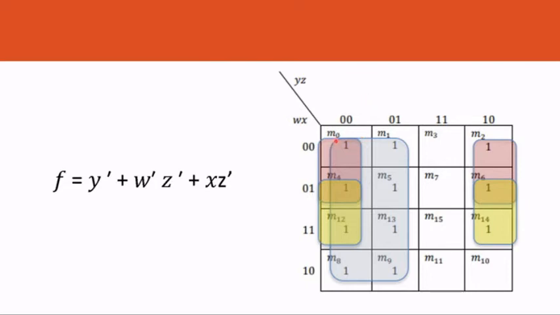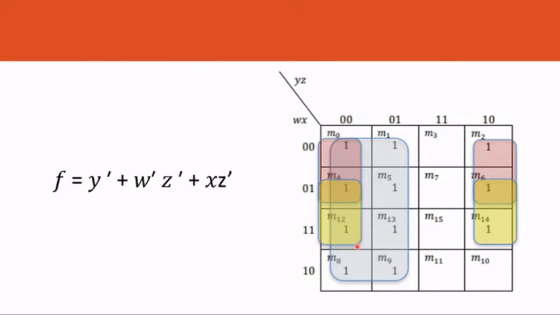If we look at M0 and M4, minterm 0 and minterm 4, they have the same value of W. But if you compare M0 with M12, minterm 0 has W equal to 0. But if you look at minterm 12, the value of W is 1. So there is now a different value of W for minterm 0 and minterm 12.